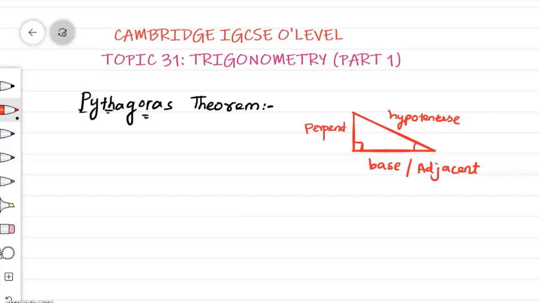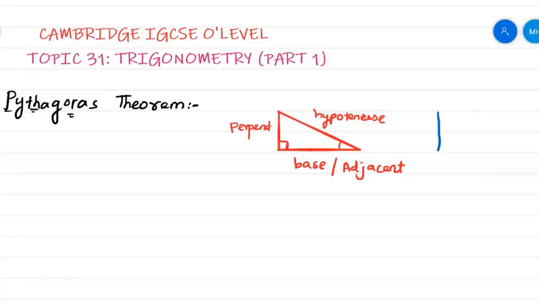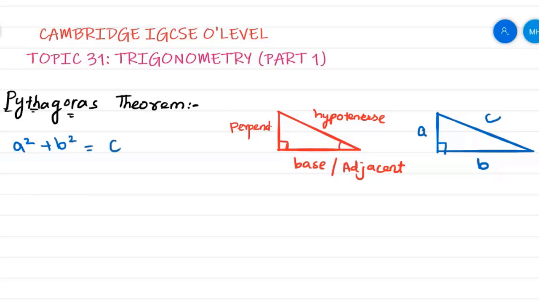Okay, so we have the Pythagoras theorem over here. If I name this triangle, this side I'm going to call C, this side B and this side A. What we have in Pythagoras theorem is that the square of the base plus the square of the perpendicular side will give you the square of the hypotenuse.